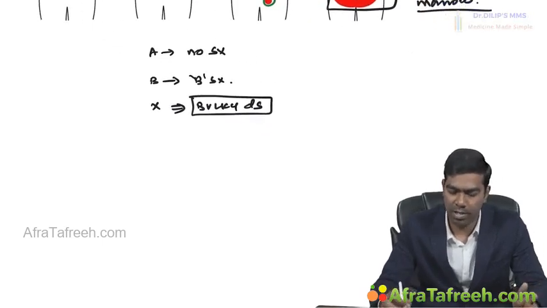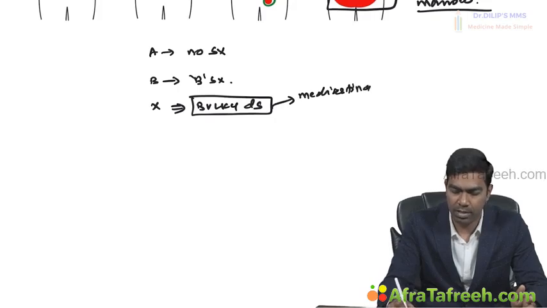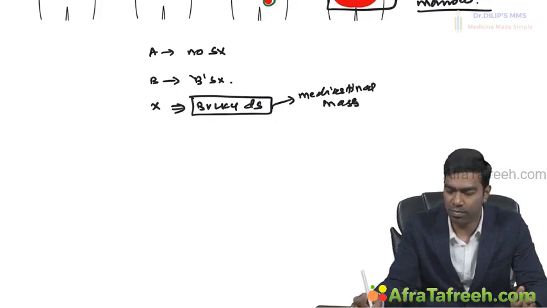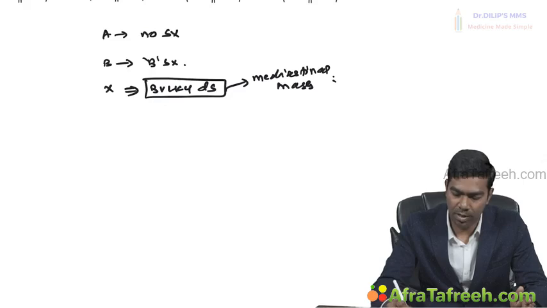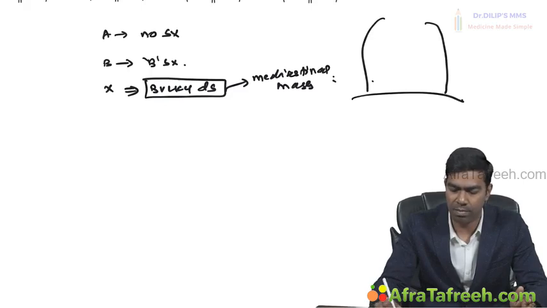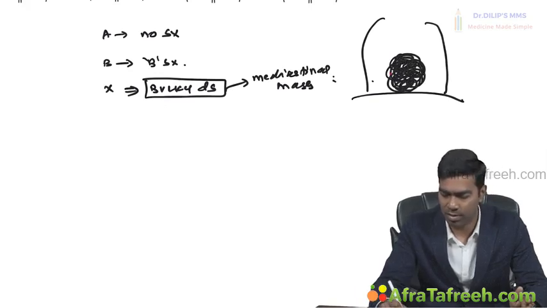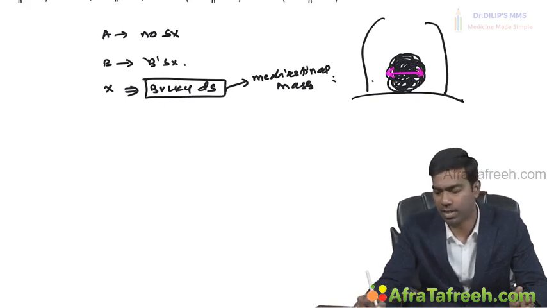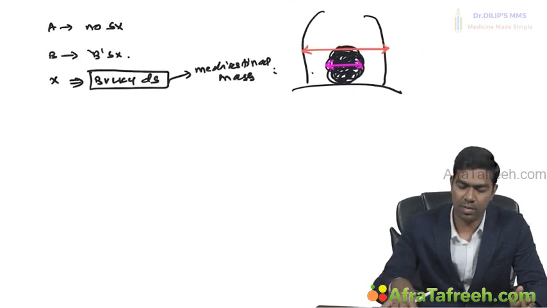Typically it is useful for mediastinal masses. If you are having a lymphoma causing a mediastinal lymphadenopathy and a mediastinal mass, for example, if you see this is the chest in the patient and this is the diaphragm, and you are seeing a mediastinal mass like this, I am first taking the greatest transverse diameter of the mediastinal mass, and I am going to take a transthoracic diameter or a maximum diameter of the chest wall.